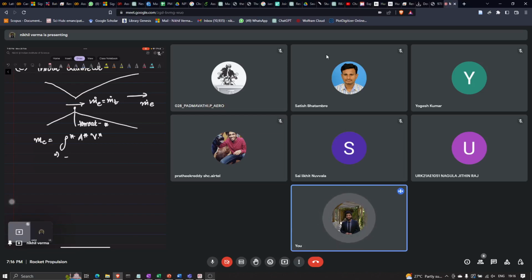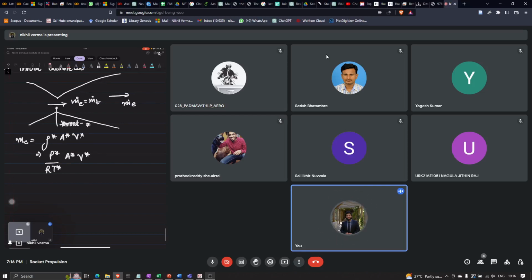So what is rho star? Rho star can be written from the ideal gas relation as P star by R T star, into A star into V star. V star also can be written as Mach number at the throat into the square root of gamma R T star. It is correct now.